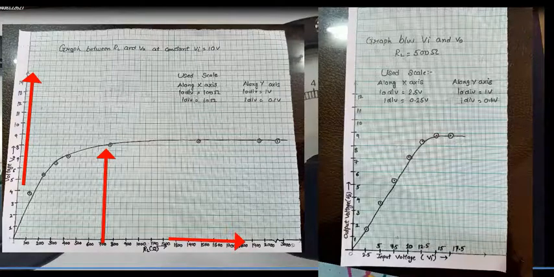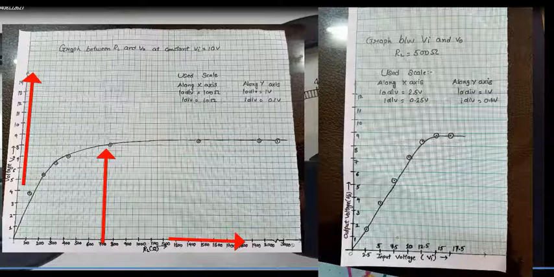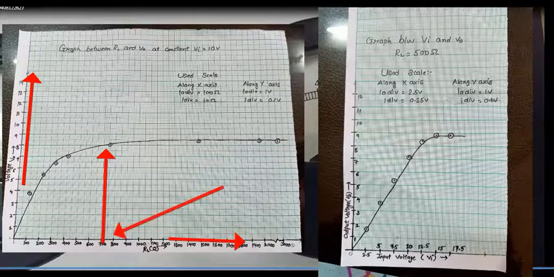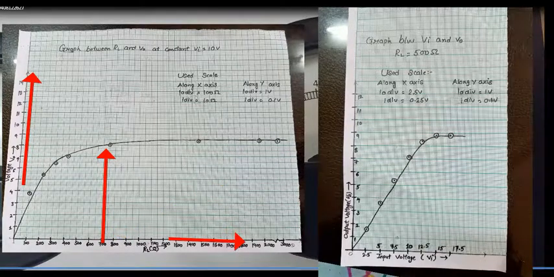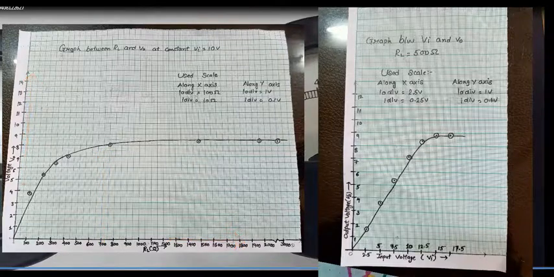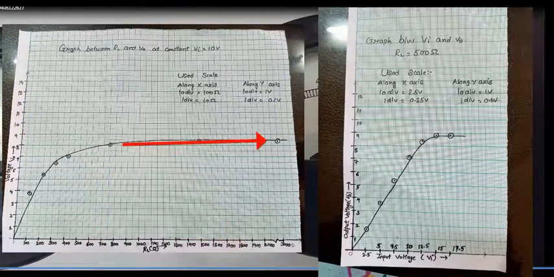So this is the critical value of RL above which the output becomes constant. This is the property of the Zener, that RL is increasing but output is not increasing. It's a very small increase. Almost it is constant. Very good property.